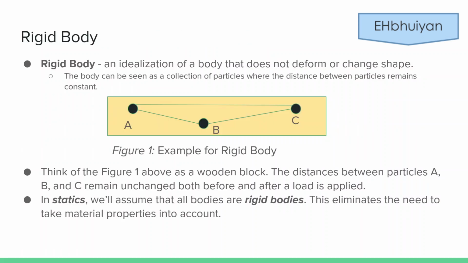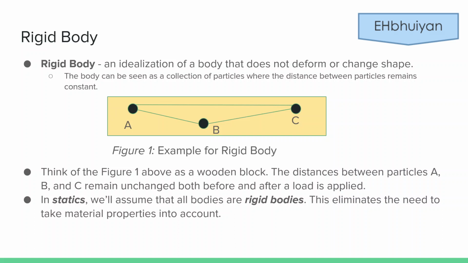When we solve statics problems, we'll need to use the rigid body assumption. This is an idealization of a body that does not deform or change shape. The body can be seen as a collection of particles where the distance between particles remains constant. Let's take figure 1 as an example.